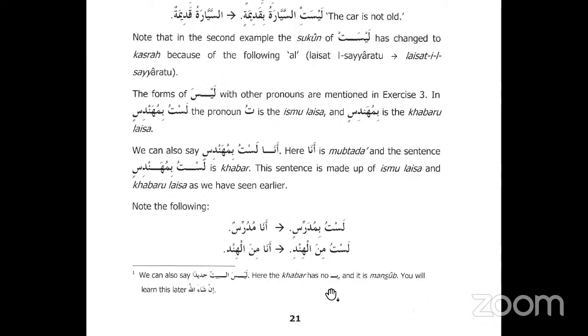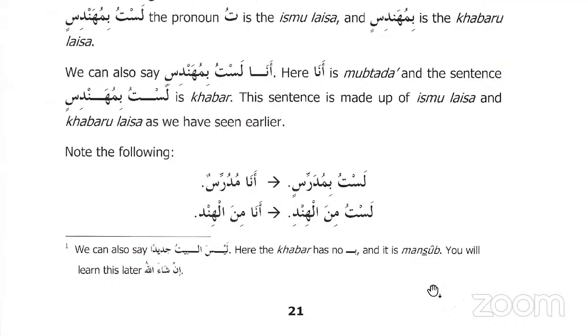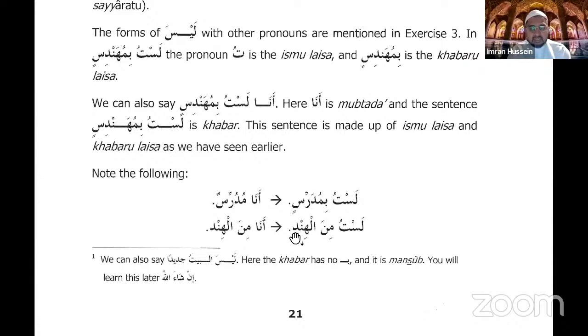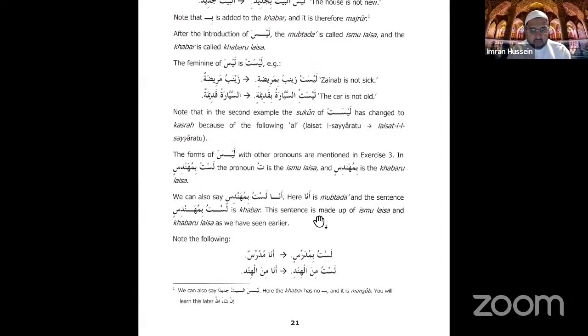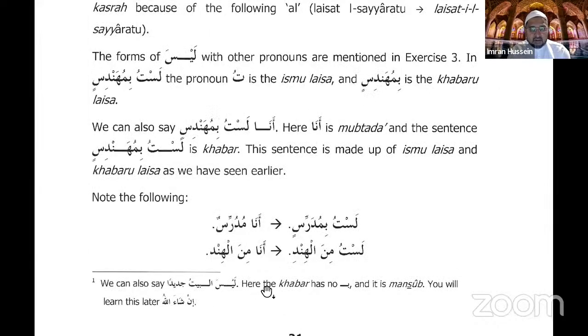Laysa al-baytu jadidan, laysa baytul jadidun. Here the khabar has no ba and it is mansub. You will learn this later inshallah. So laysa itself is one of the sisters of Kana.